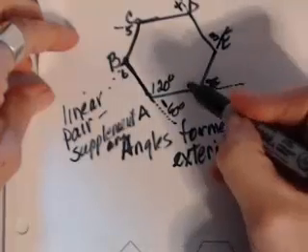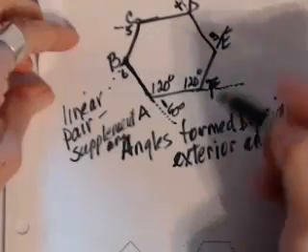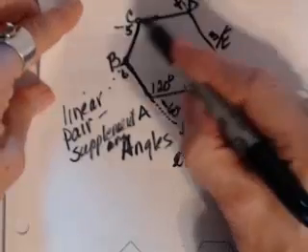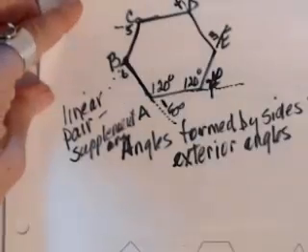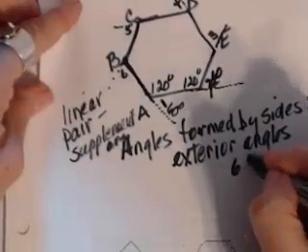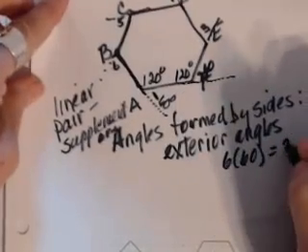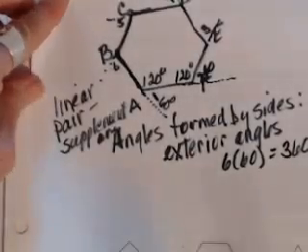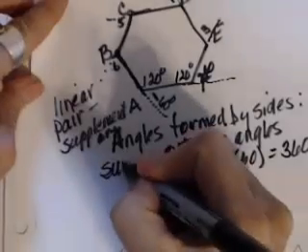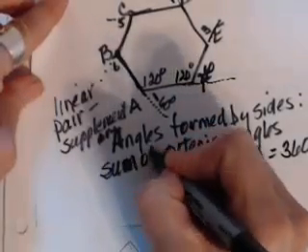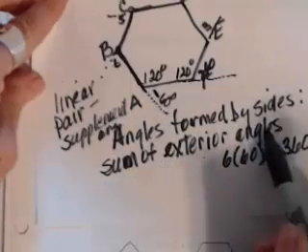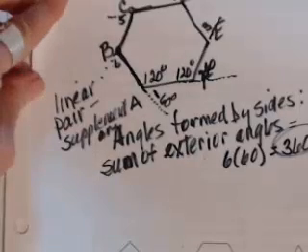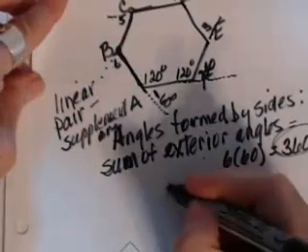The same here. This vertex angle is 120, so this will be 60. Each of these angles will be 60. There are 6 of them that are 60 degrees, which means that the sum of the exterior angles is 360 degrees. So the sum of the exterior angles is always 360 degrees for every polygon.